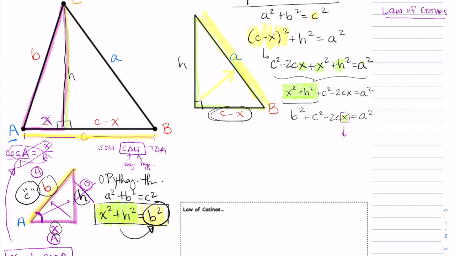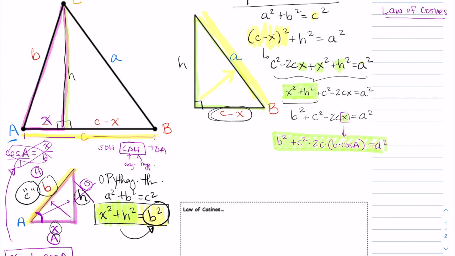It is b cosine capital A. And then I can write the rest. Ta-da! So this, believe it or not, is the law of cosines.